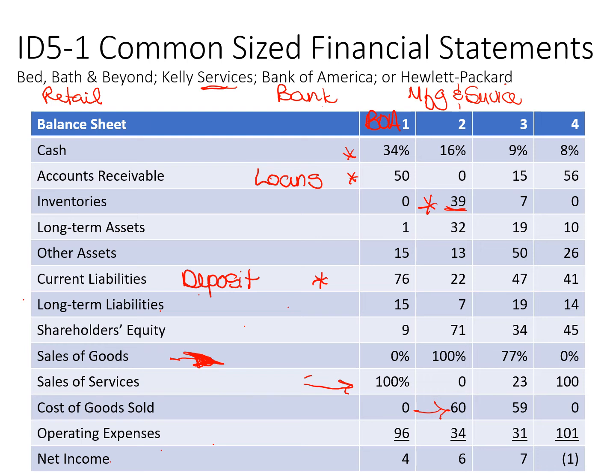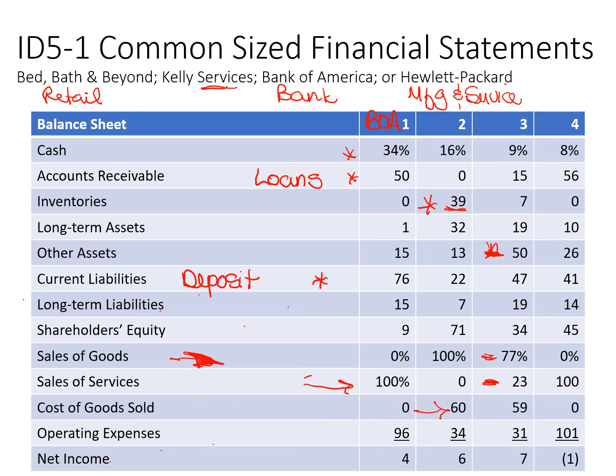Well, what about number 3? Number 3 has a lot of other assets, and it also sells goods, but it also sells services, so it has both cost of goods sold and operating expenses.